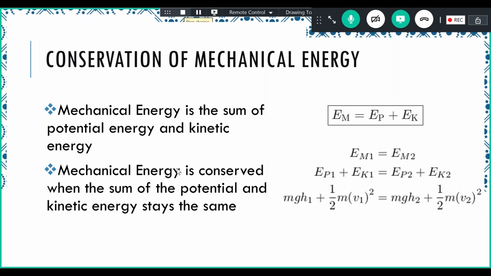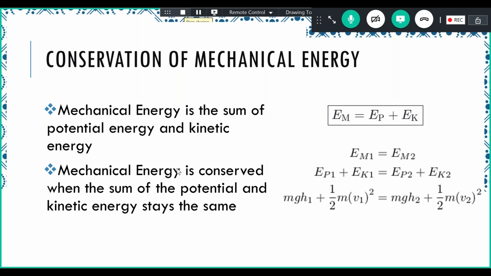Just to give you an idea, I didn't really write a slide on conservative and non-conservative forces, but conservative forces include potential energy, electrical energy, while non-conservative forces include friction or drag, and basically those can be added into these equations to account for those kinds of forces.